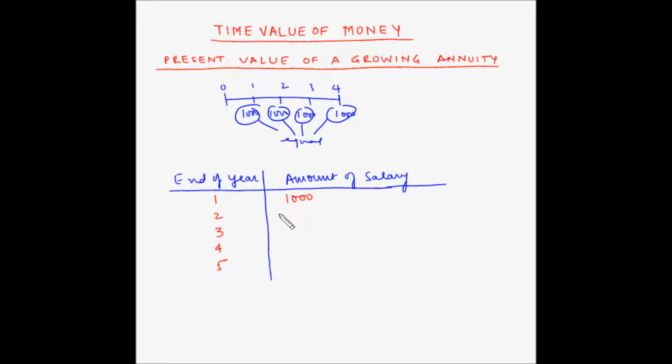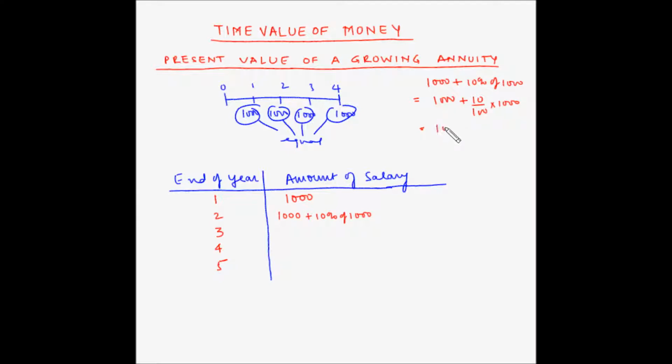So basically, this will become 1000 plus 10% of 1000. Now let me take this calculation on the side here. So 1000 plus 10% of 1000. This becomes 1000 plus 10 by 100 into 1000.